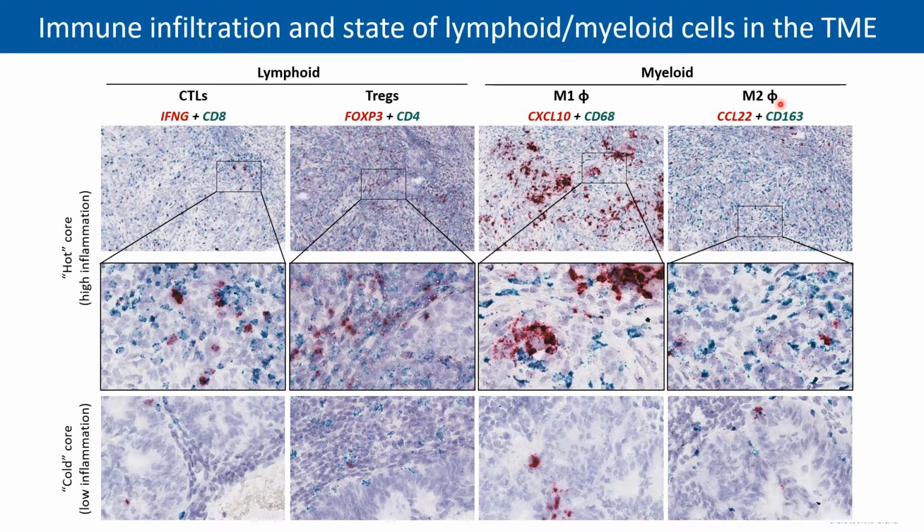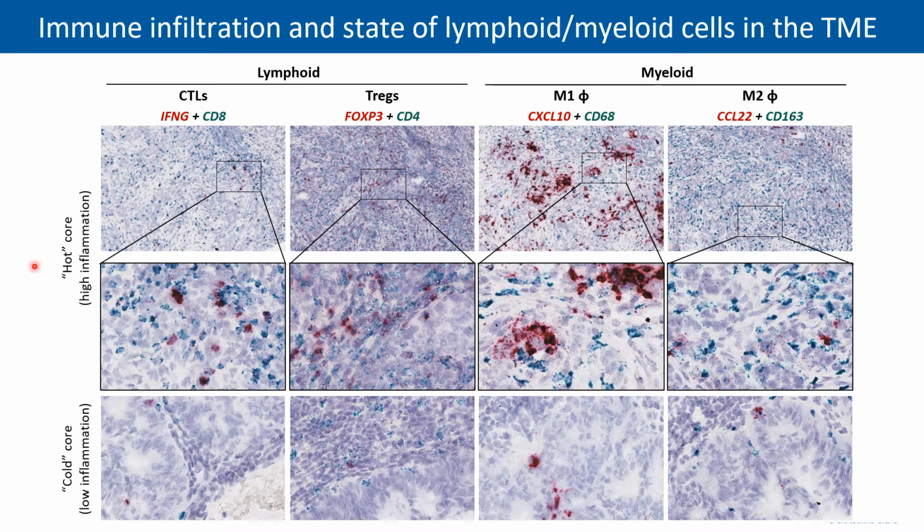Then our assay has been widely used and applied for detection of soluble factors like chemokines and cytokines, where because we are an assay that detects the mRNA of the target, we can identify which cells are actually producing these soluble factors. So here's an example where we are comparing two different tumor cores of lung cancer.